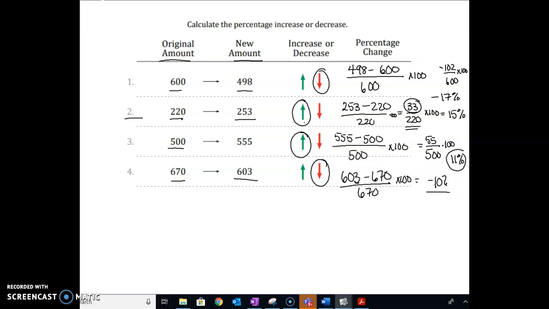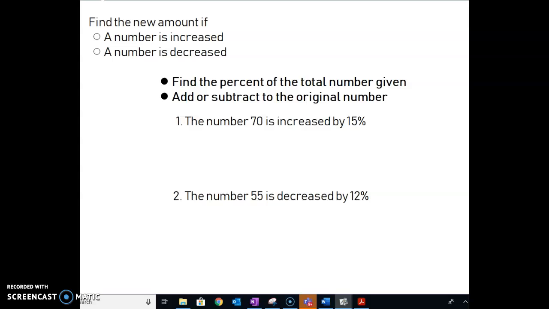There's 2 other types of equations you're going to see when a number has increased or decreased. It's finding the new amount after they tell you if it's increased or decreased. You're going to find the percent of the total number given, and then add or subtract to the original number, depending on if it is increased or decreased.